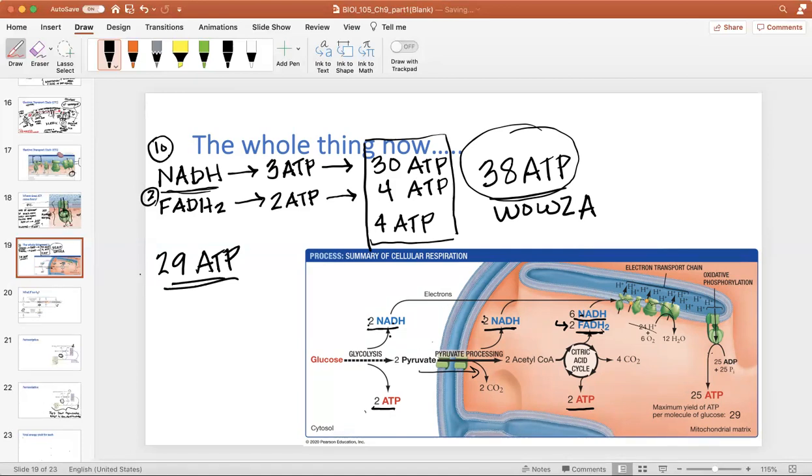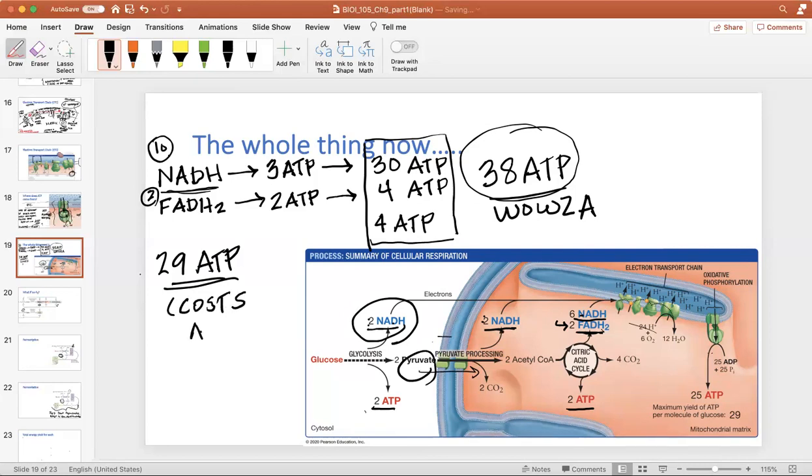Well, remember that we are actually moving some stuff into the mitochondria. We're moving some NADH into here. We're moving our pyruvate into here. And it turns out that moving stuff into the mitochondria costs a little ATP.